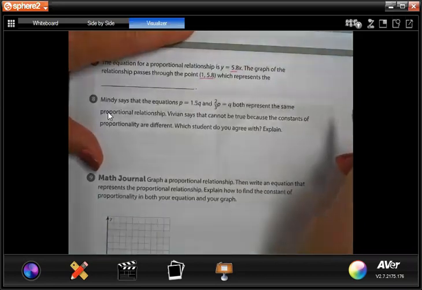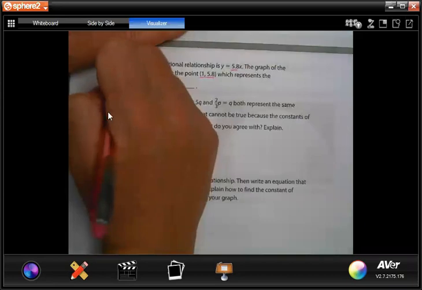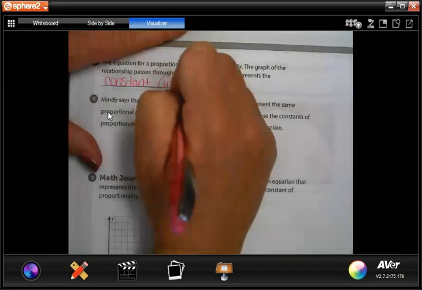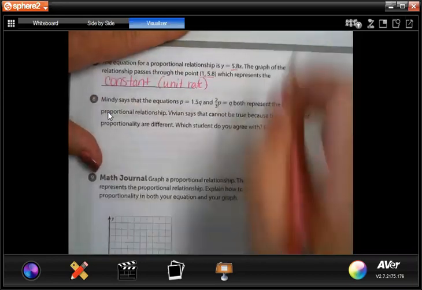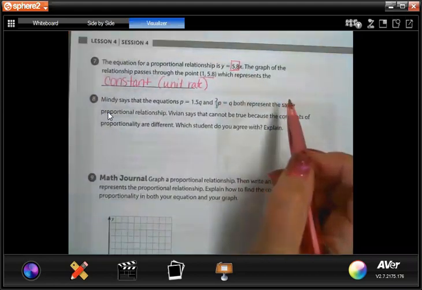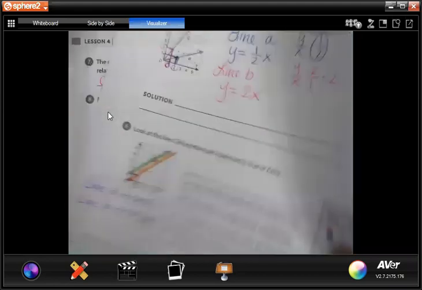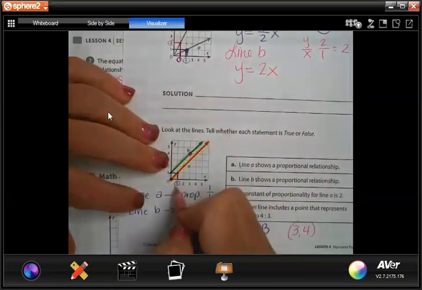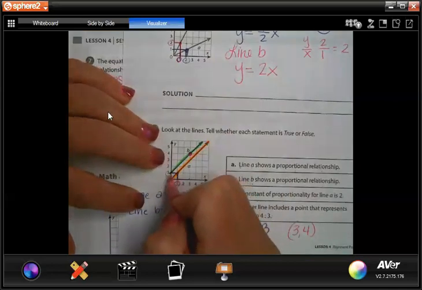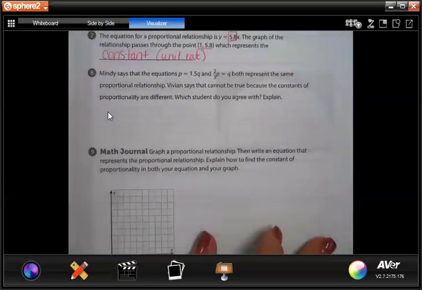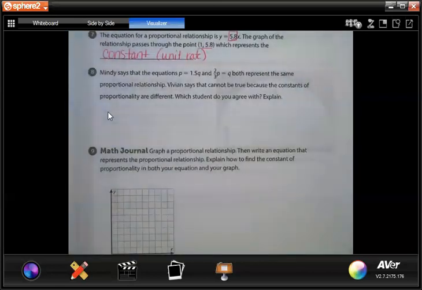That represents the constant, AKA unit rate. But remember, whatever number is in front of your x is the constant of proportionality. And like we found on any of the graphs that we have done today, like A, when 1 is here, this right here represents the constant of proportionality. Constant, AKA unit rate. All right, so just a second.